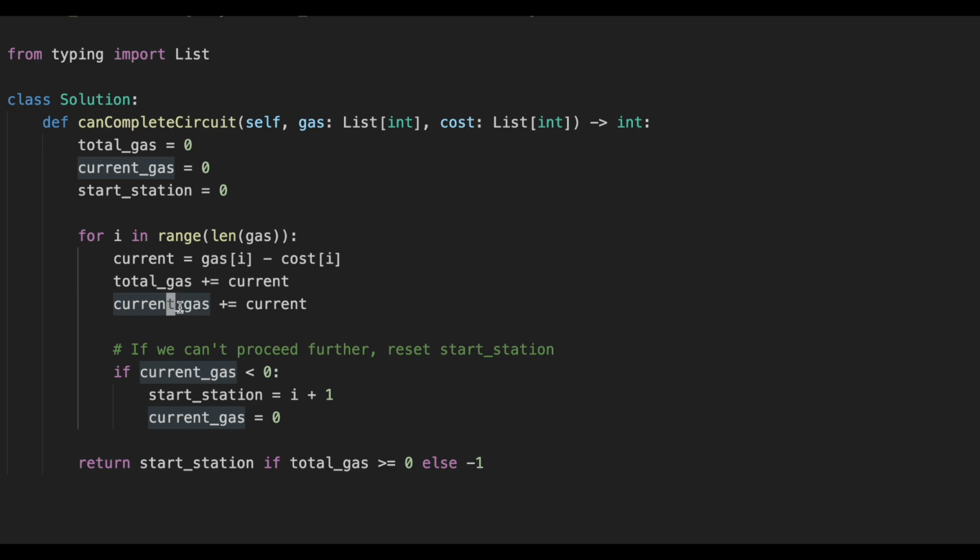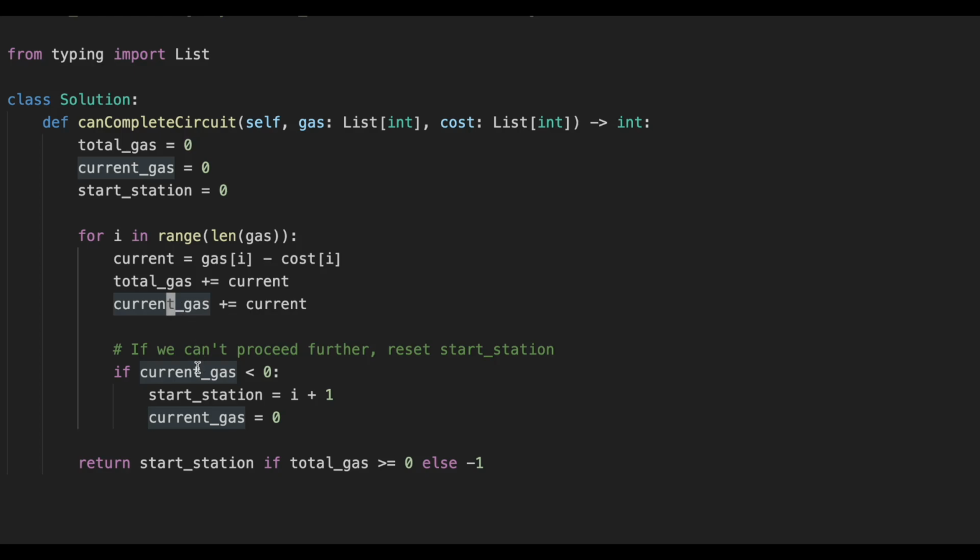If our current gas drops below 0, it means that the initial starting position we selected cannot be a starting position, because at some point it goes below 0.